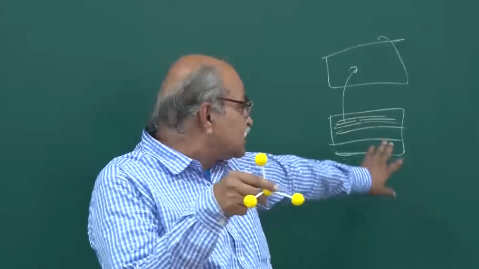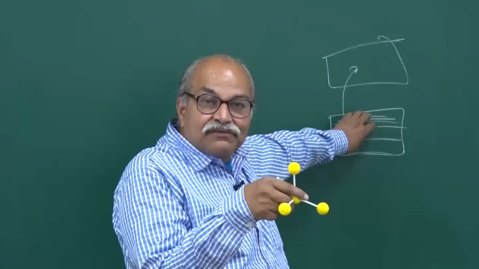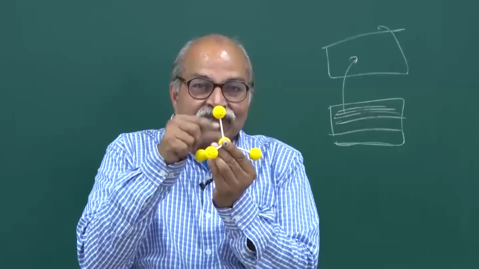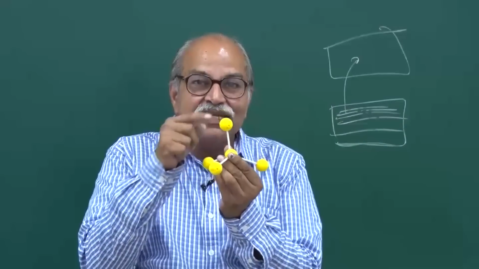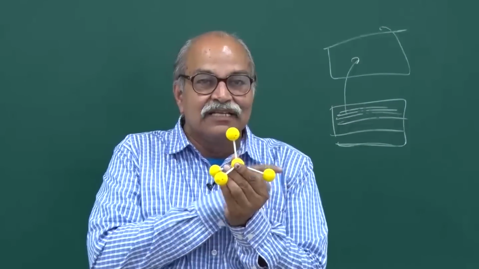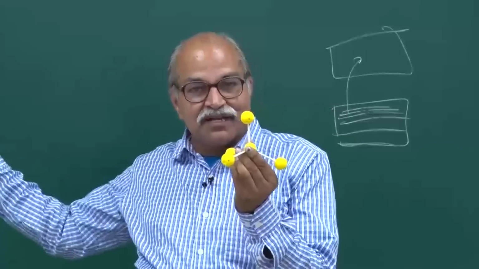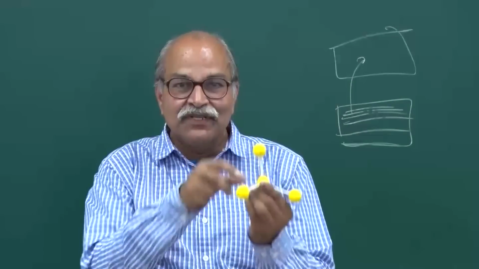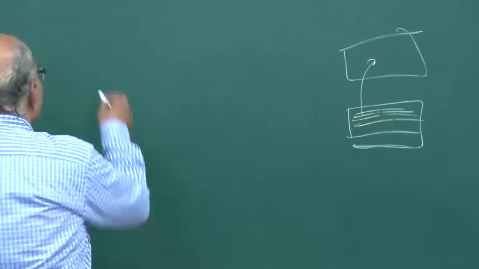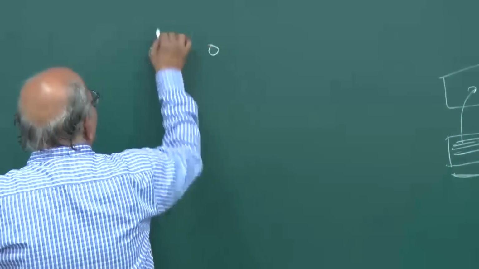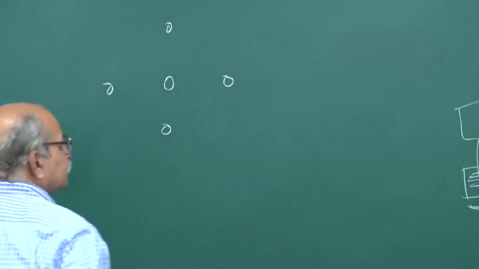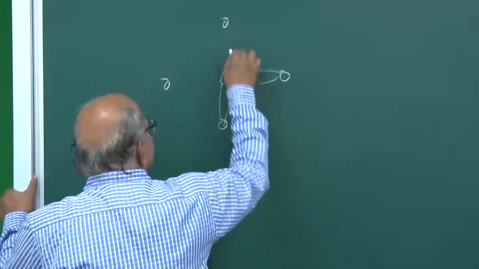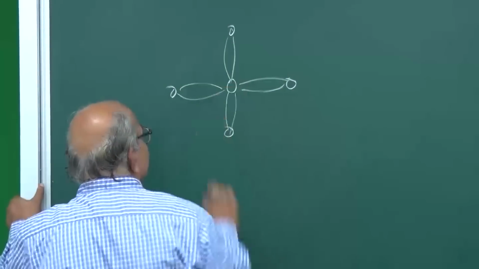These valence electrons, where are they? These electrons are in these covalent bonds. So electrons participating in the bonds, they are there. If I draw a 2-dimensional picture of this, each silicon is bonded to 4 of them. So for discussion I can draw a picture like this: 1, 2, 3 and 4. So this is bonded. 2 sp3 electrons are here, 2 sp3 electrons are here, 2 sp3 electrons are here, like that.